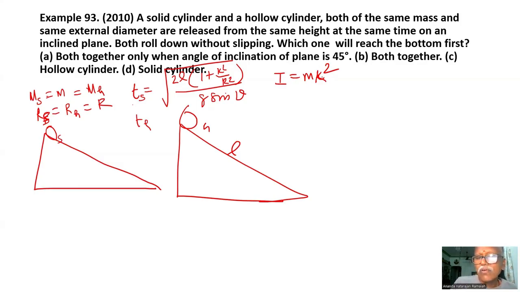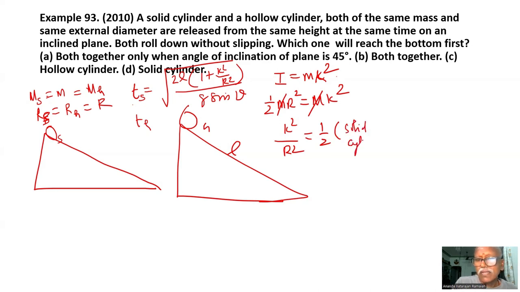That's not good. I equals mK square. But we know that for a solid cylinder, I is 1 by 2 mR square. Therefore, K square divided by R square, with m and R square cancelling, equals 1 by 2 for a solid cylinder. For a hollow cylinder, I would check and let you know, but we are not going to solve it by that.